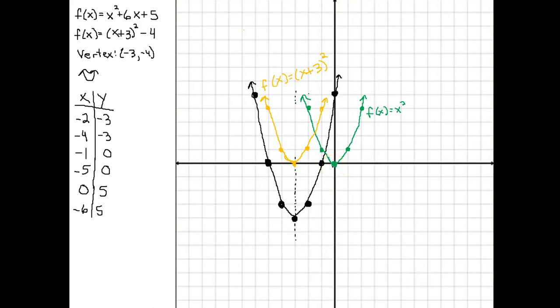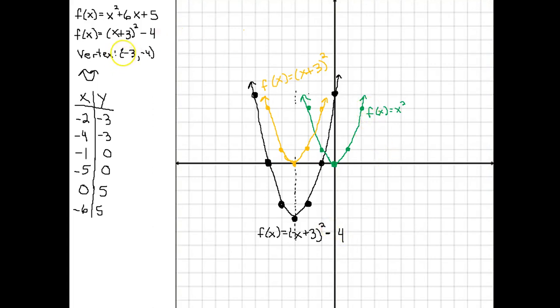So taking this here, going down 1, 2, 3, 4. So then this black one, f of x, is (x plus 3) squared minus 4. So there's all your rules.